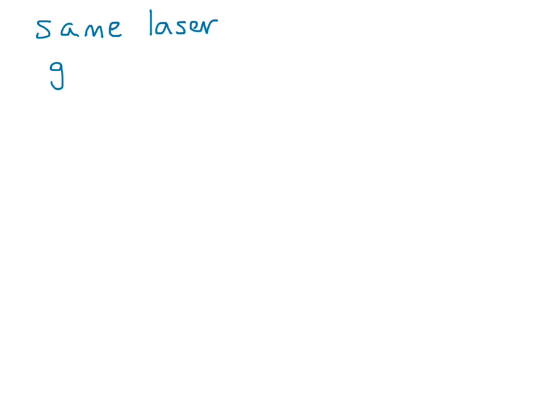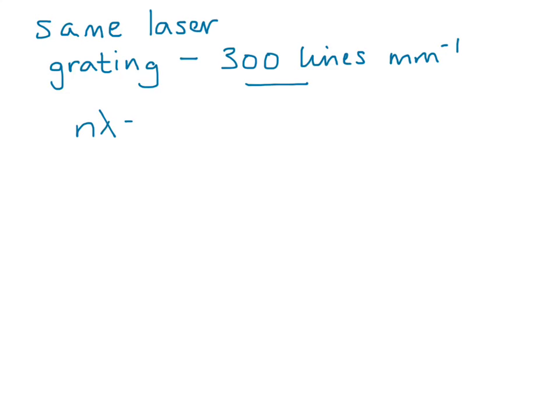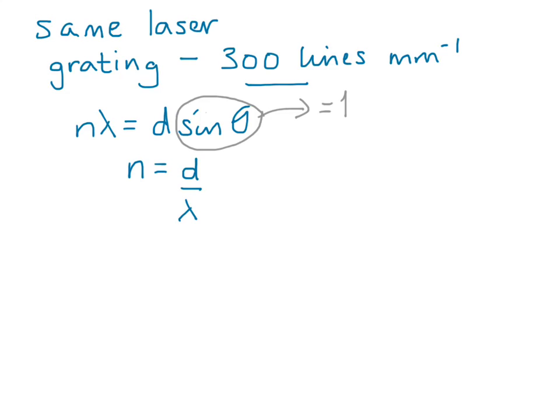If you had the same laser but a grating with 300 lines per millimetre, then we do the same thing. So assume that the maximum value of theta is 90 degrees, so sine theta is 1. Rearrange to get n is d over lambda. Put in the numbers again. So 300 lines per millimetre is a 300th of a millimetre, and times 10 to the minus 3 converts that to metres.